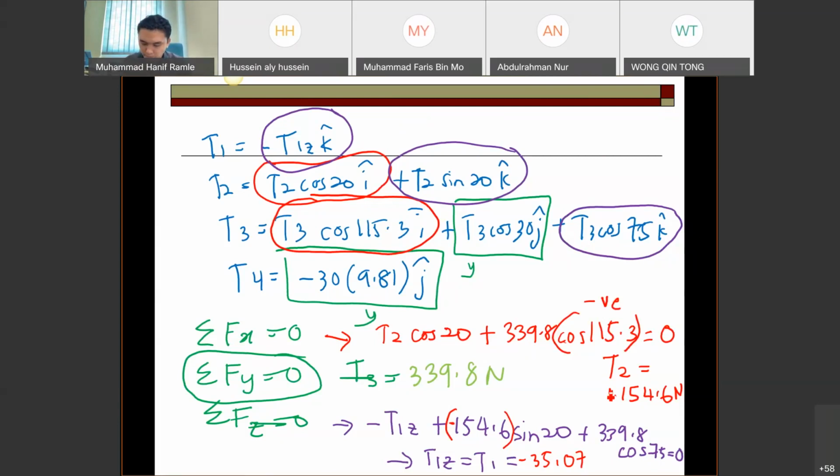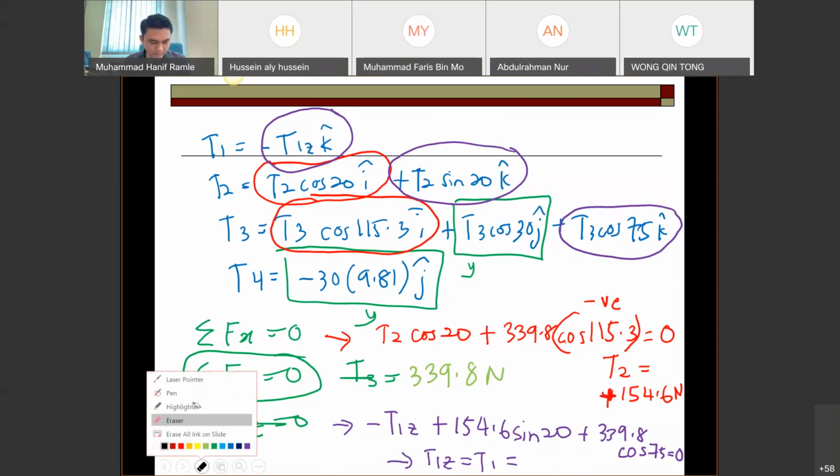Okay, this one is positive. This one is positive, 154.6. The answer is 54.6 positive. So this one is wrong as well. So meaning that the answer from the slide is correct.